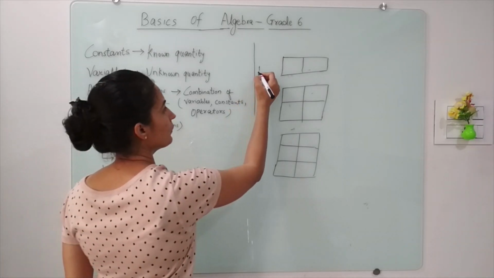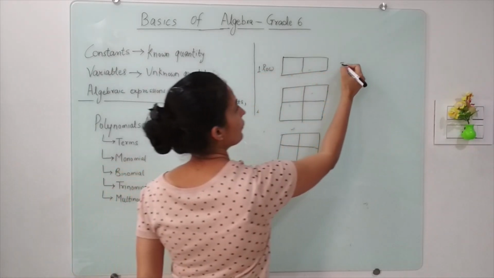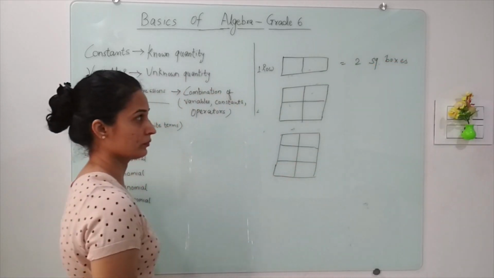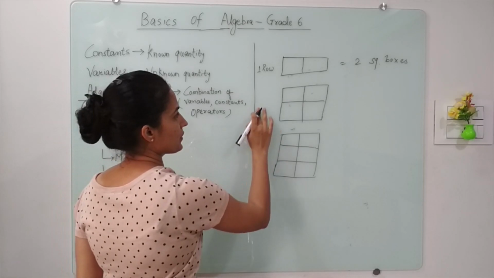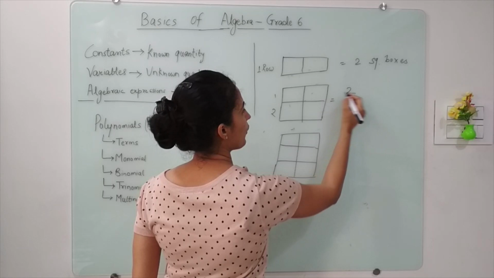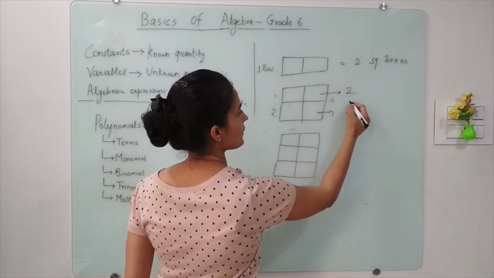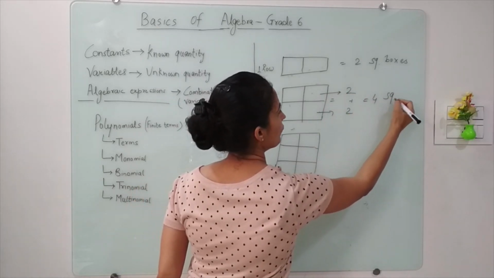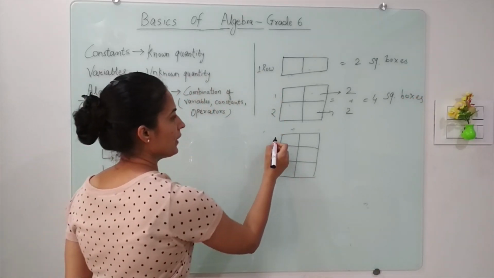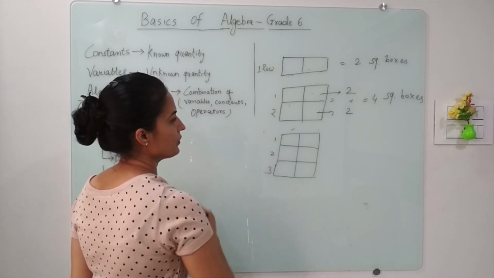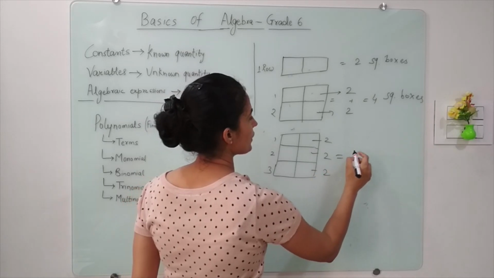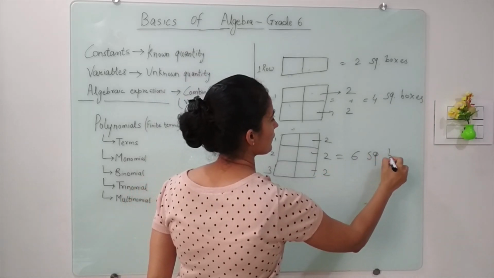In one row, I have 2 square boxes. In 2 rows, I have 2 square boxes plus 2 square boxes, that is equal to 4 square boxes. Similarly, here I have 3 rows. In each row I have 2 boxes. So this is 2 plus 2 plus 2, which is equal to 6 square boxes.